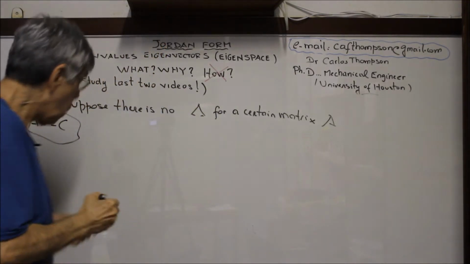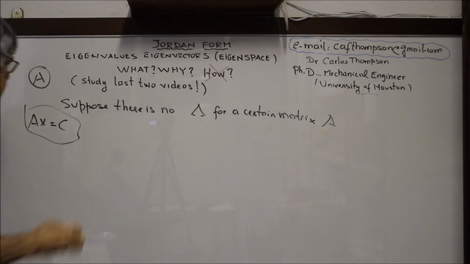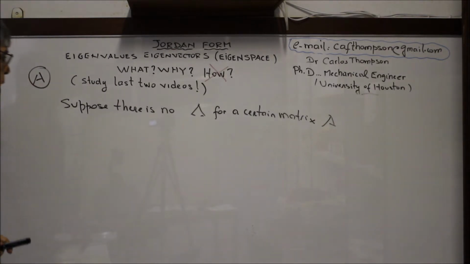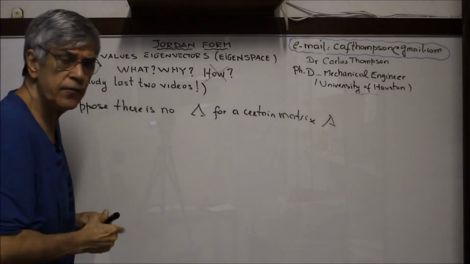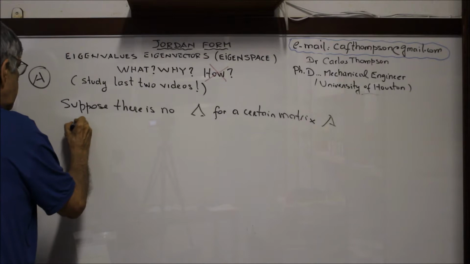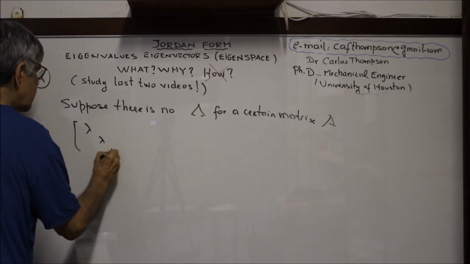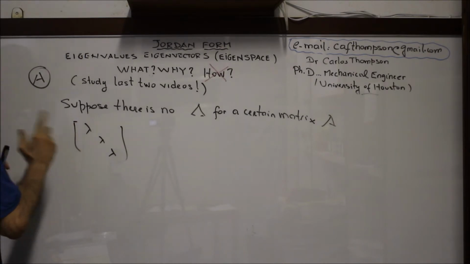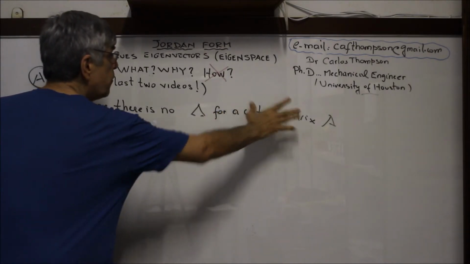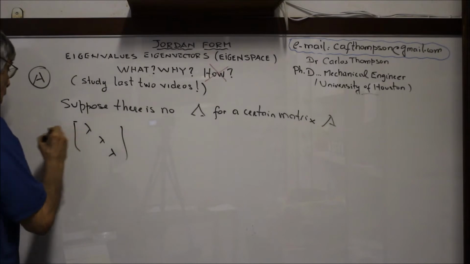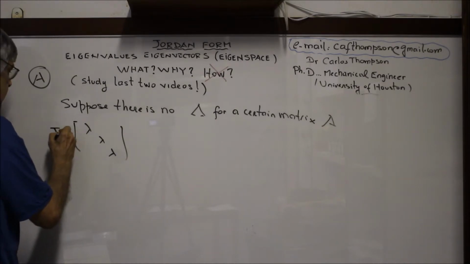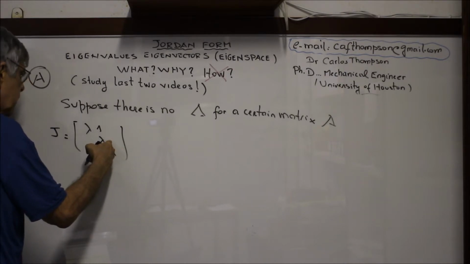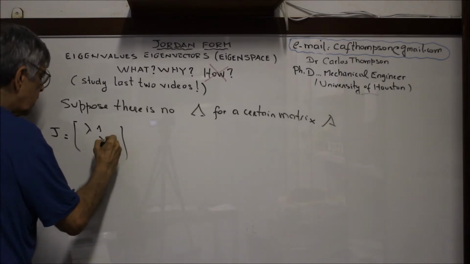Now, what Jordan said: suppose I have no distinct eigenvalues, suppose I have lambda, and lambda, 3 lambdas right here, and suppose there is no diagonal form for a certain matrix. What Jordan thought was, I'll put 1 here, 0 here. I can put 0 or not. Here 1.